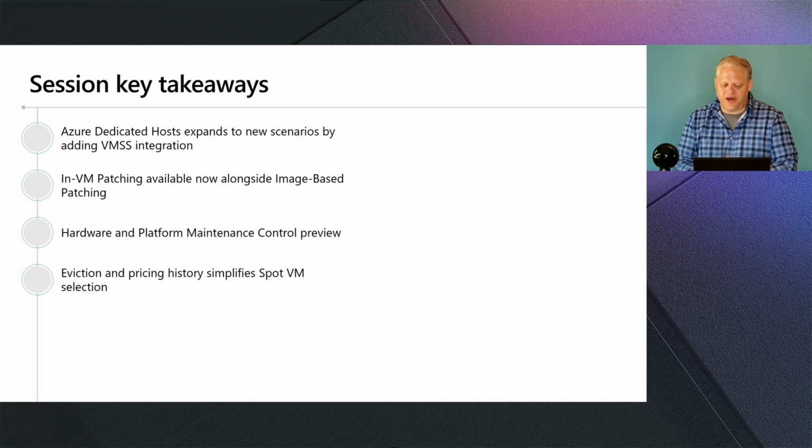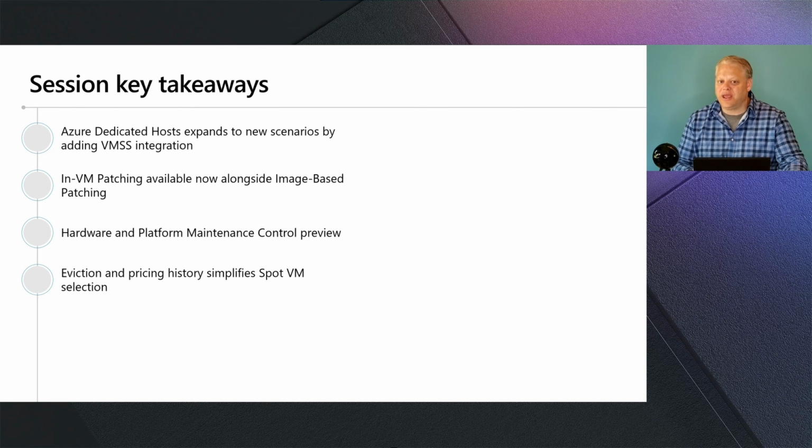So today we've talked about several key innovations within the Azure Infrastructure as a Service workload. We've talked about dedicated hosts and how that expands to doing auto placement and VMSS control. We've talked about VM patching and how that expands the ability to keep your instances secure, so you can use VM patching in addition to the existing model of image-based updating that's been available within Azure.